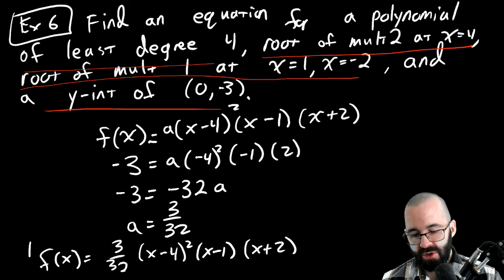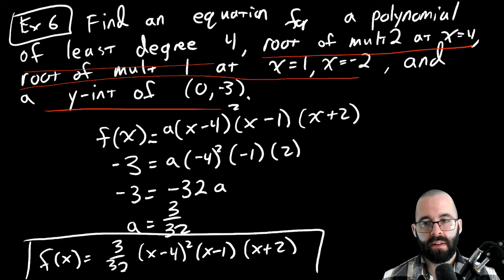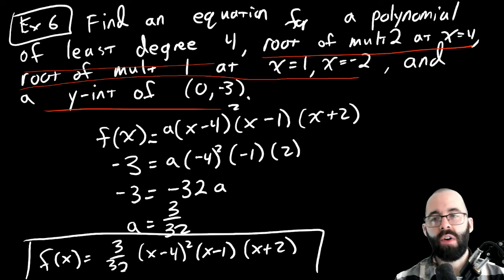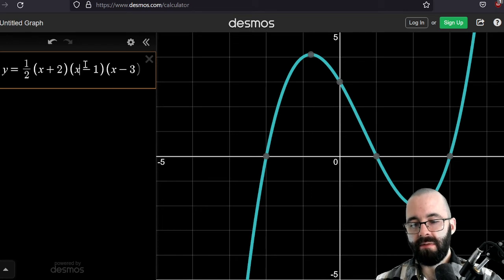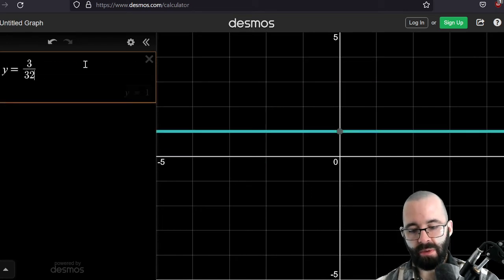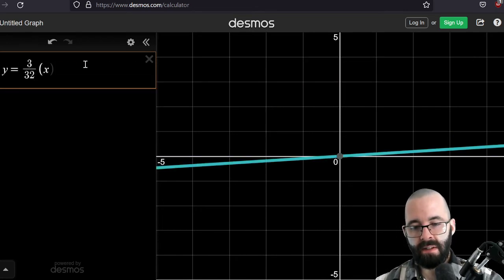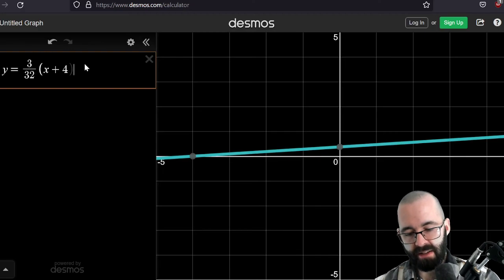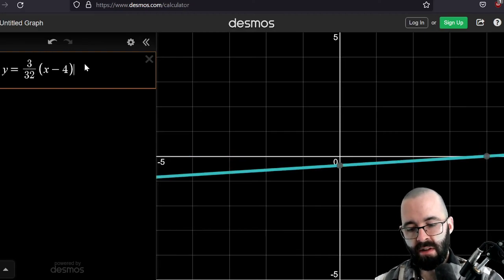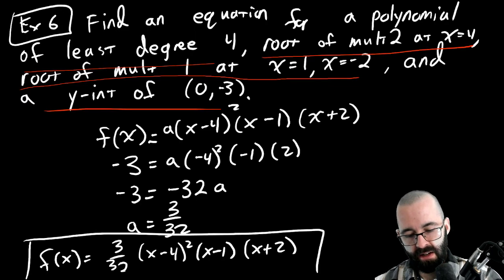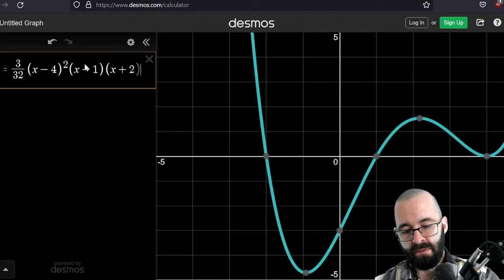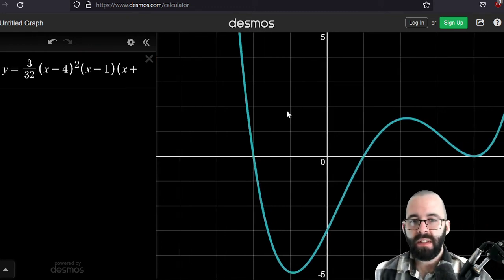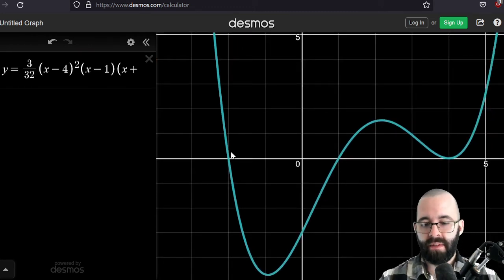Now there's no graph to check our answer against, but we can still graph this ourselves and make sure that it satisfies all the things that we're supposed to satisfy. So y equals 3 over 32 times x minus 4 squared times x minus 1 times x plus 2. Does this have all the things that we need?